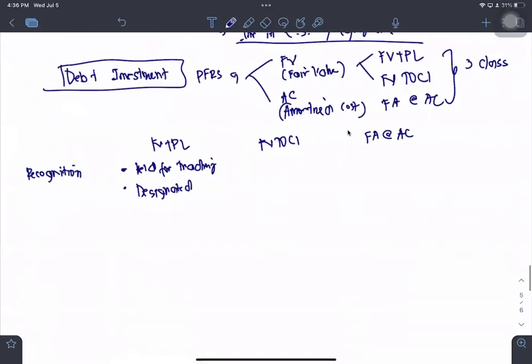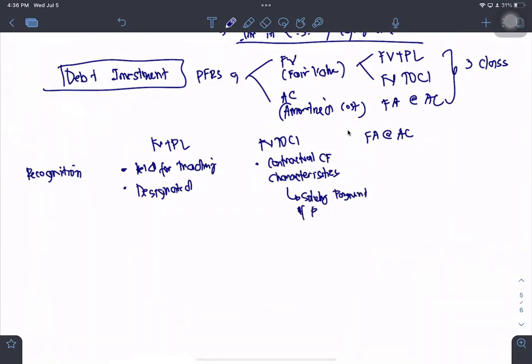While in your FVTOCI, if you are collecting based on your contractual cash flow characteristics, which are solely payment of principal and interest, or known as SPPI, plus you are measuring it at fair value to remove any accounting mismatch.